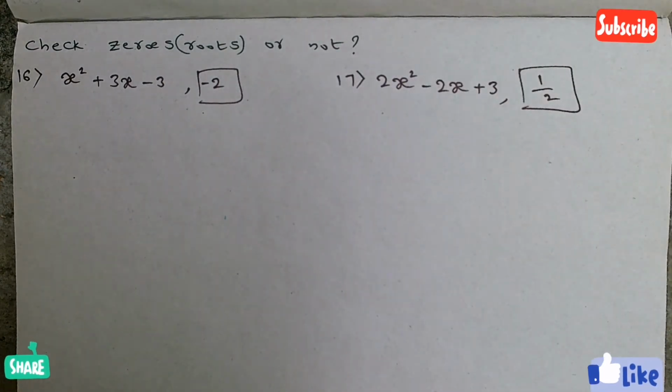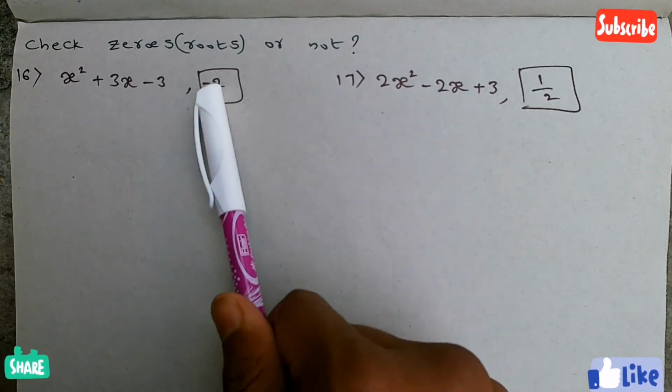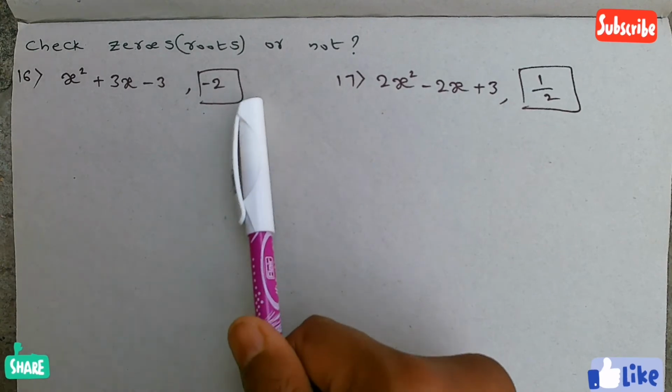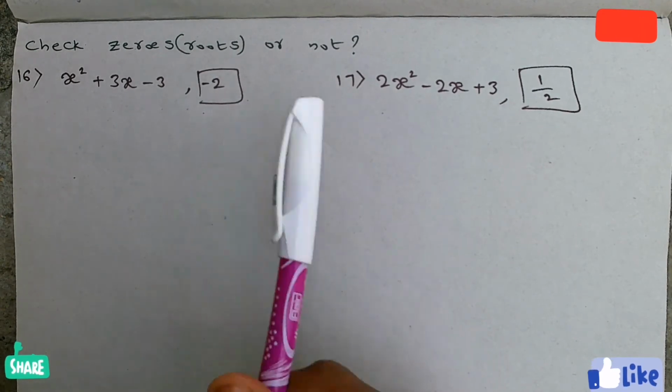Okay, now let us move to another type of question. Till now they gave a polynomial and we found the zeros or roots of that polynomial. Now in this case what will happen, they will only give some number, and we just need to confirm whether it is a zero or root or not. X square plus 3x minus 3 is given and he is asking to check whether minus 2 is a zero or not. So simply substitute the given number in the place of x.